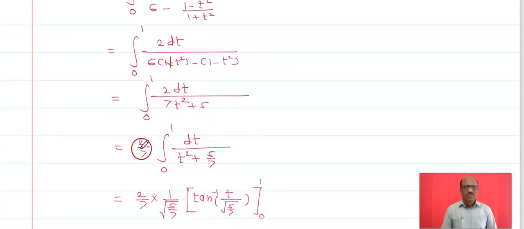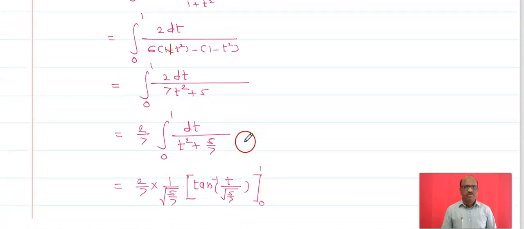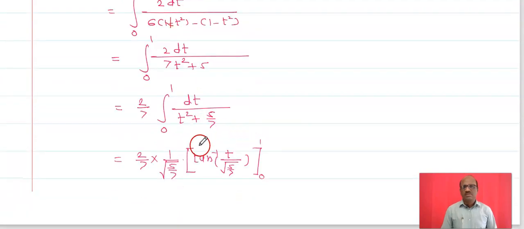Take 7 as common, then you will get 2 upon 7 integral from 0 to 1 of dt upon t square plus 5 upon 7, and this is nothing but the root of 5 by 7 in bracket square. This integral is very simple. It is of the form x square plus a square, that is 1 upon a tan inverse of x upon a. Here x is nothing but t, and a is root of 5 upon 7.